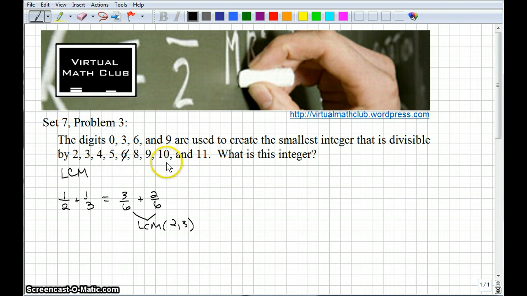If it's divisible by 10, it's going to end in 0, right? Now, it's also divisible by 10 if it's divisible by 5 and 2. So this narrows down our cases: here we said it had to end in either 5 or 0, but now we know it has to end in 0, right?